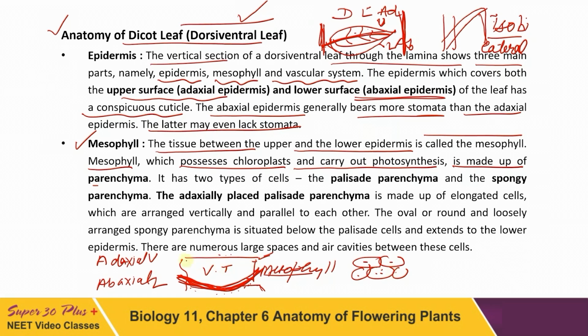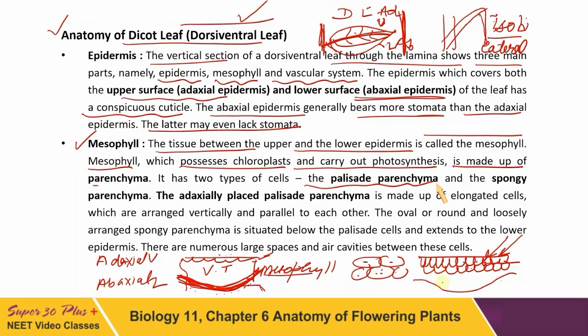In the dicot leaf, the mesophyll is differentiated into an upper part and a lower part. The cells of the upper part are columnar, parenchymatous, without intercellular spaces, and perpendicular to the surface. This tissue is called palisade parenchyma, towards the upper side. They have more chloroplasts because light falls on the upper surface of the leaf for photosynthesis.